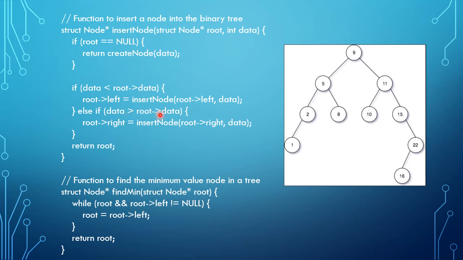Else if data is greater than root of data, we send root of right and data into this function again. So 8 is sent as root node with data. If root equal to null, but 8 is not equal to null, so again it checks both conditions up to the leaf nodes.